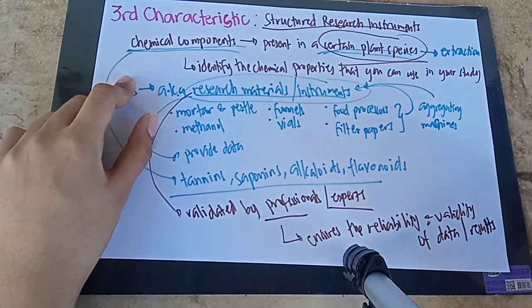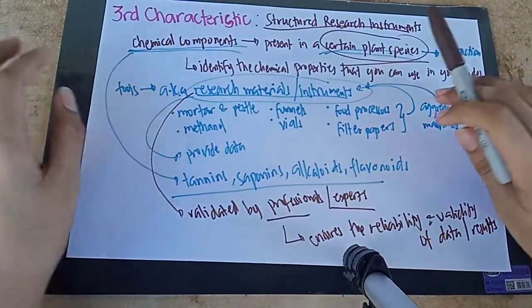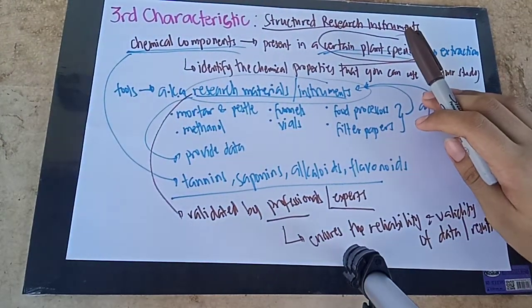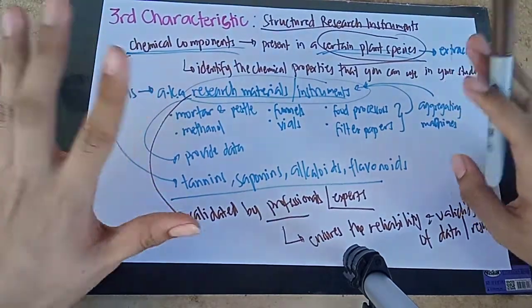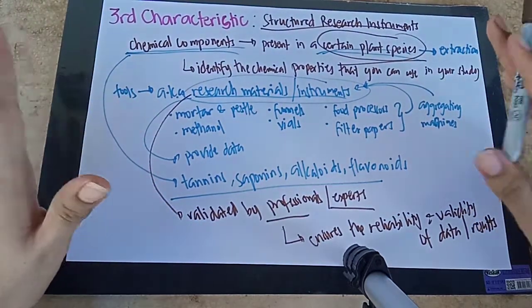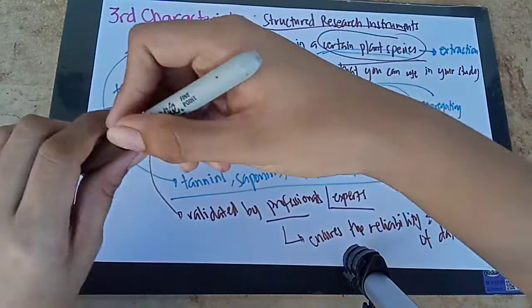So, in the third characteristic, quantitative research uses structured research instruments. Data are normally gathered using structured research tools in order to collect measurable characteristics.